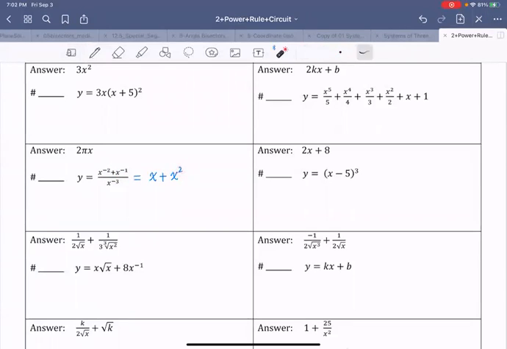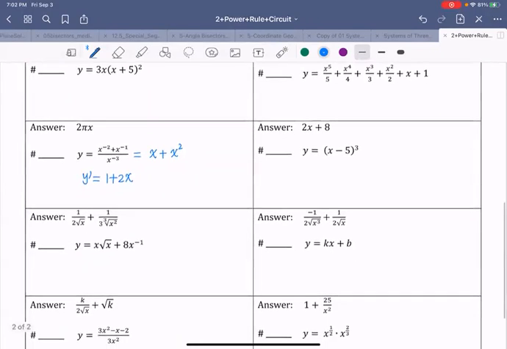Yeah. And then we do this derivative. What's the derivative? It would be 1 plus 2x. Nice, that's right. Next one.